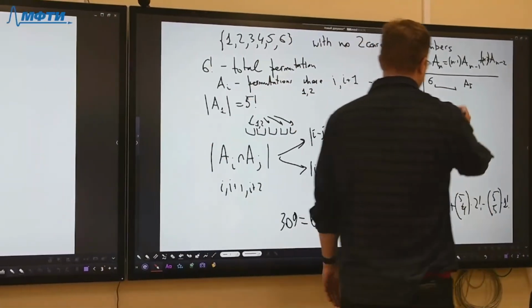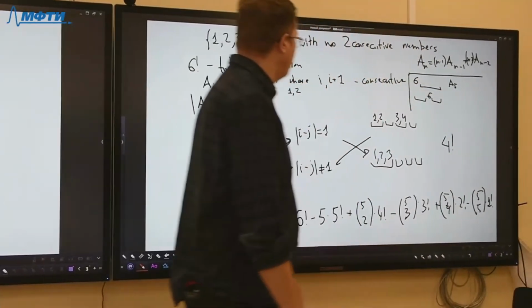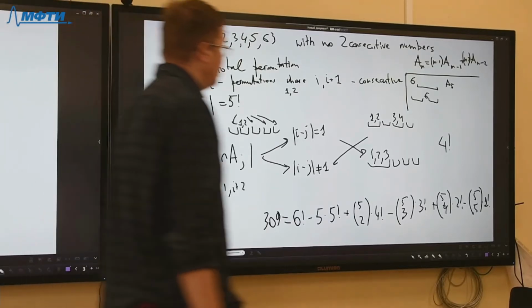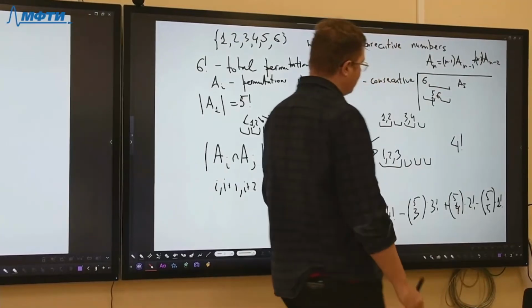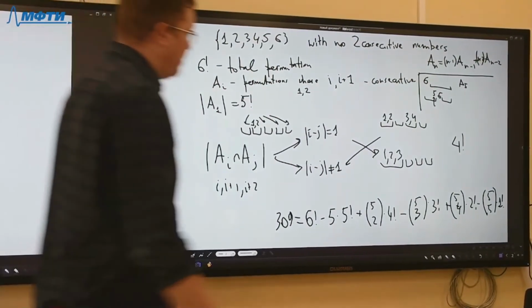But if 6 is in the middle, then you need to calculate all such permutations where 5 is not here. If 5 is not here, it is still a 5.